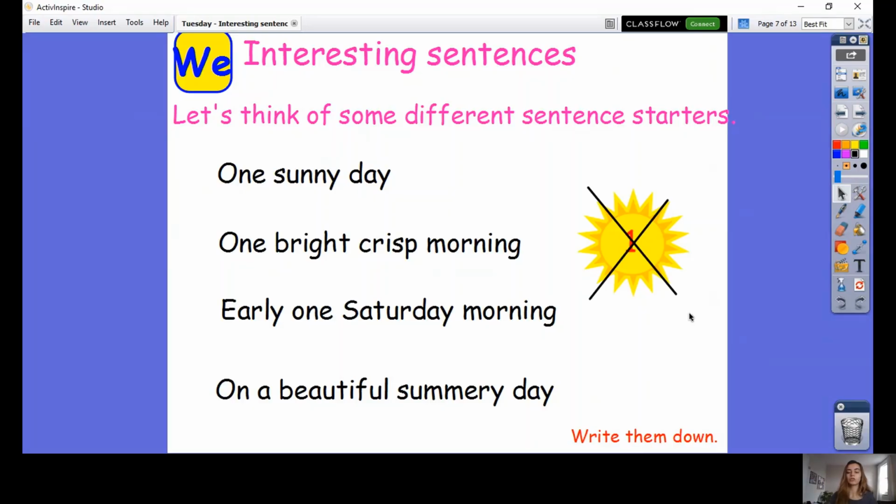So you are going to write three down on a piece of paper, and this is going to help with our writing later. You don't have to copy any of mine. I know you've got even better ideas. So you are going to now pause the video and you have three minutes to write three sentence starters about the time of the day. Off you go.